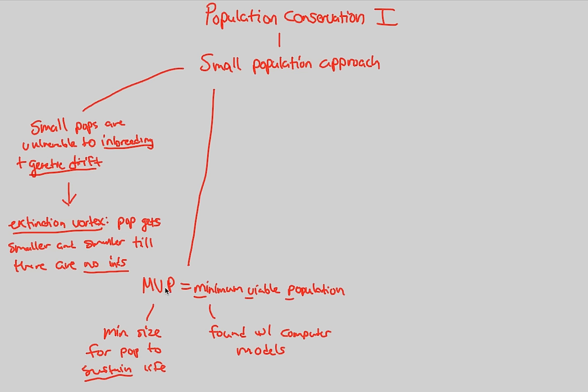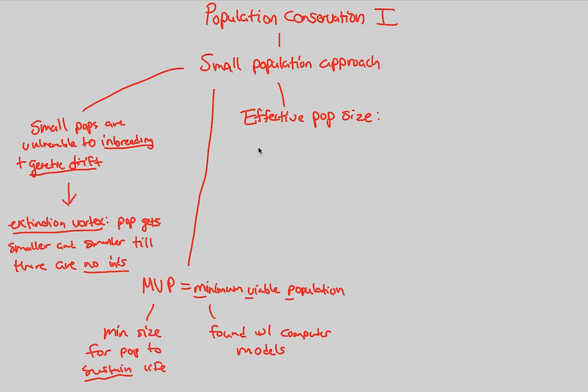So, in order to understand MVP even better, we utilize an idea behind the small population approach to population conservation, like effective population size. So we're going to be utilizing the effective pop size in order to conserve a small population.